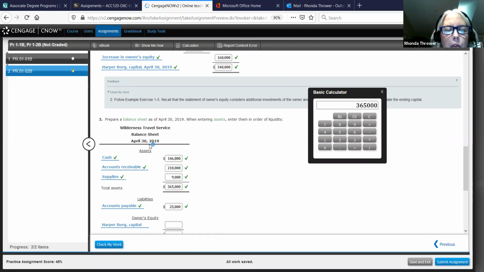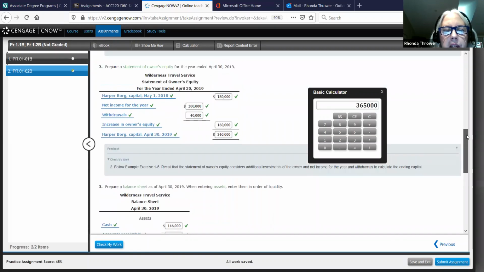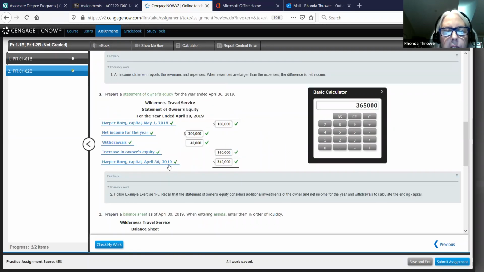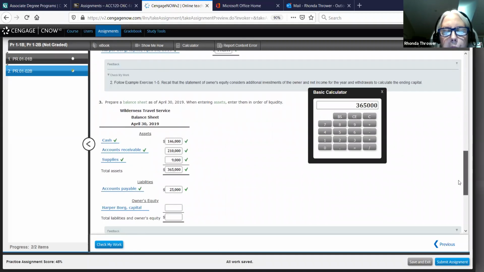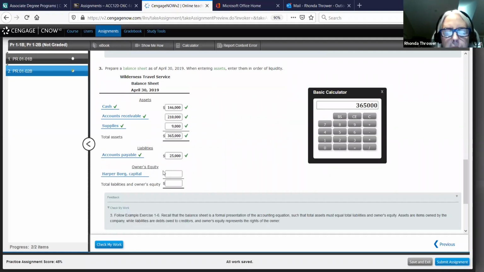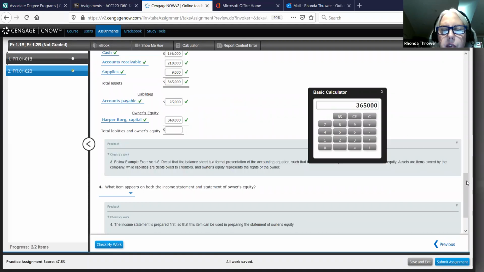We know it's for the last day of the period. The amount of that capital as of the last day of the period is $340,000. We bring it down and plug it here for the total of our ending owner's equity for this company.